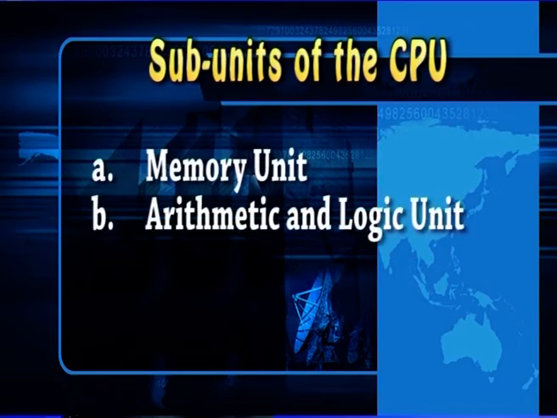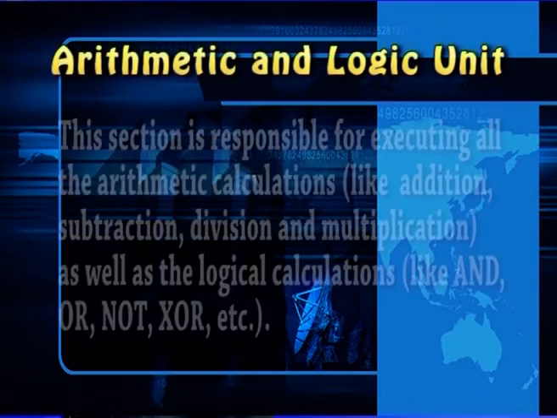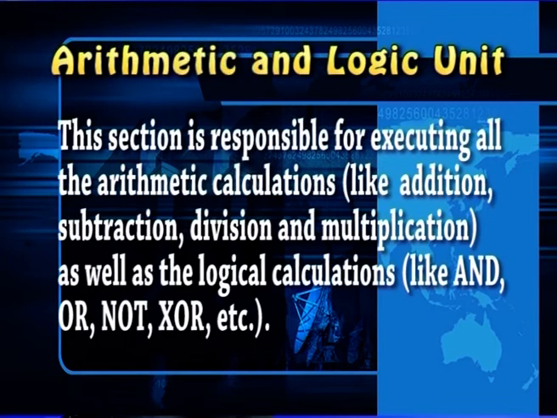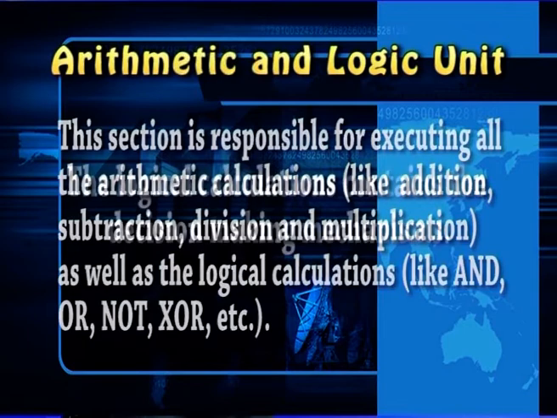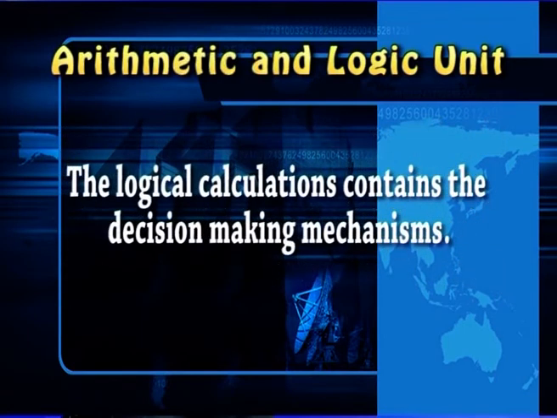Arithmetic and logic unit. This section is responsible for executing all the arithmetic and logical calculations. Arithmetic calculation includes addition, subtraction, division and multiplication, while logical calculations can be termed as AND calculation or NOT, etc. The logical calculations contain the decision making mechanism.